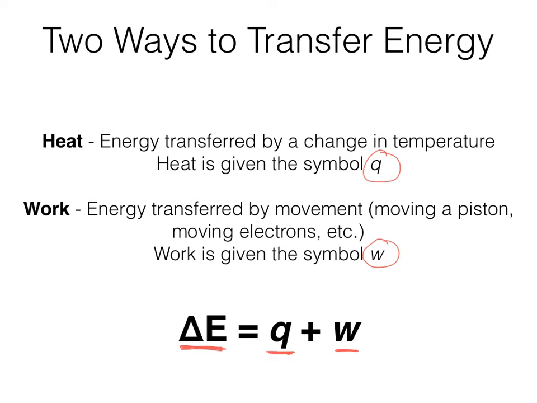So we can't lose energy, we just have to move it around. In the systems we talk about in chemistry, the two ways to move that energy around are heat and work, and so heat and work always have to add up to our total energy.